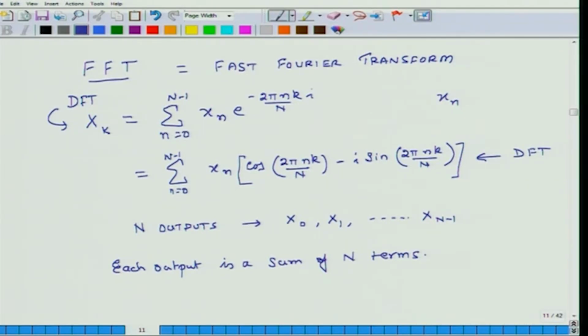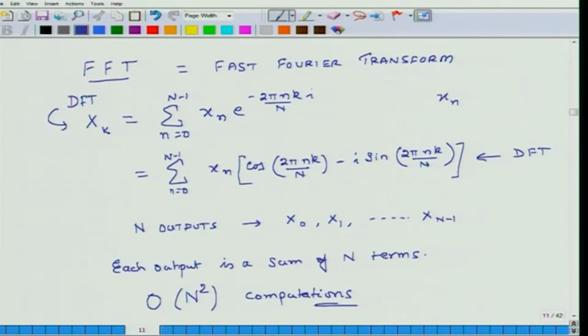So, essentially when you do this whole computation for N different terms, you have to do something like N square computations, and it is not an exact N square thing. It is something whose order is like N square computations. So, it is a very intensive process.